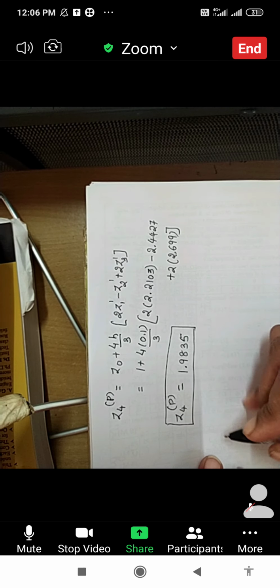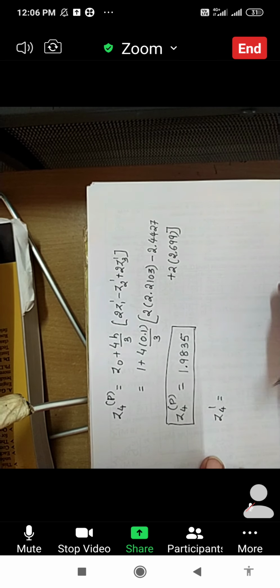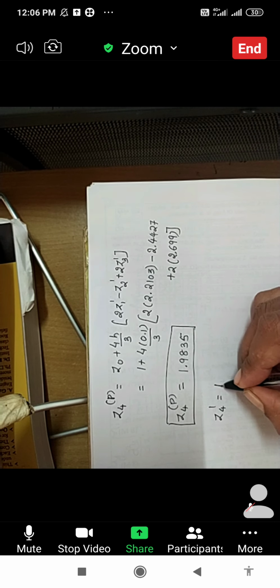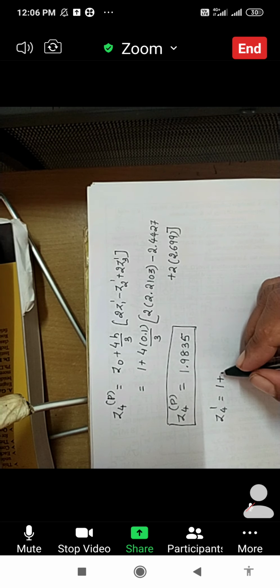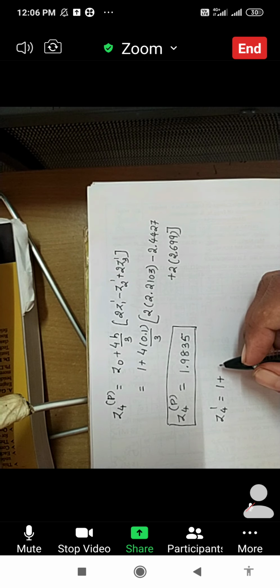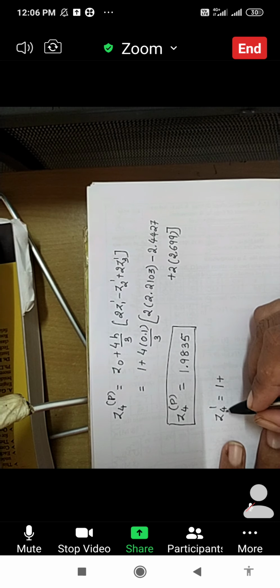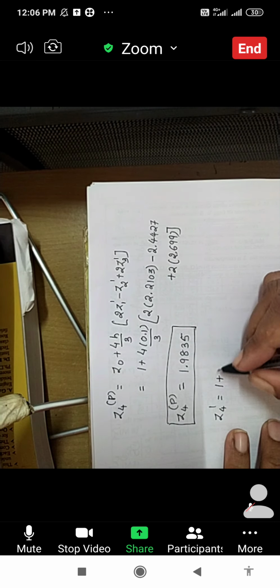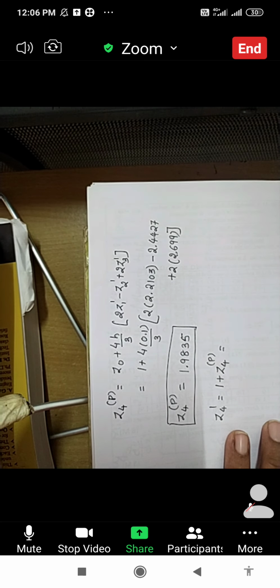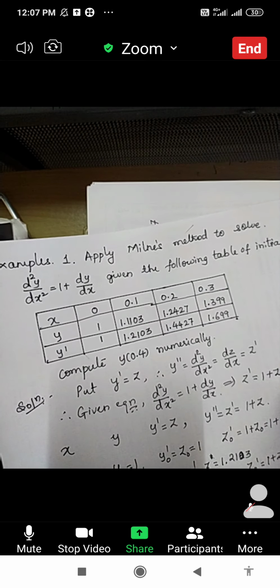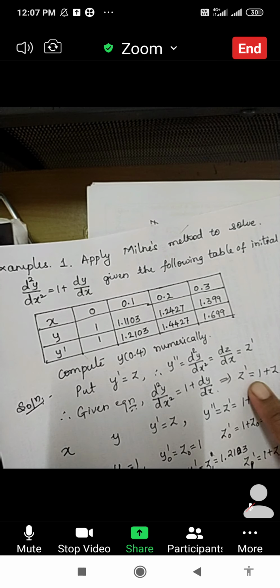Before going for the corrector formula, we have to calculate Z4 dash. How is Z4 dash defined? 1 plus z, that is the equation, right? Z dash is nothing but 1 plus z.